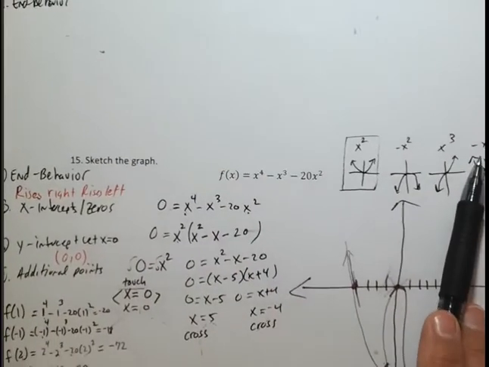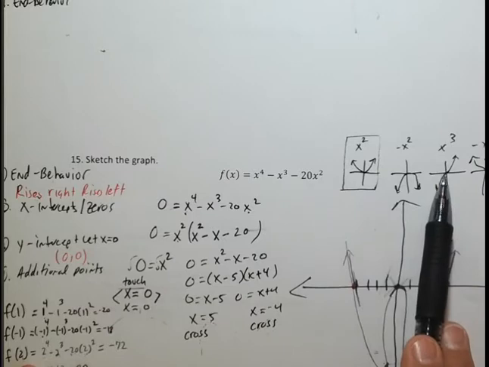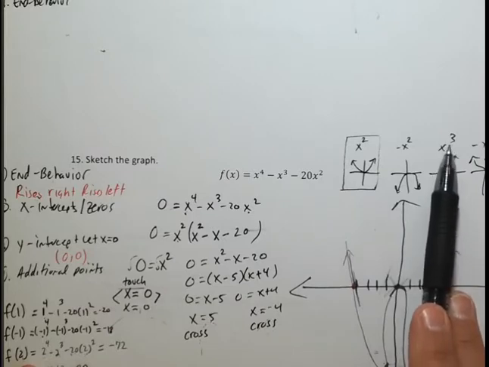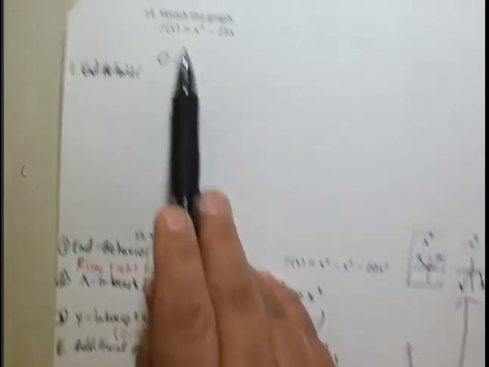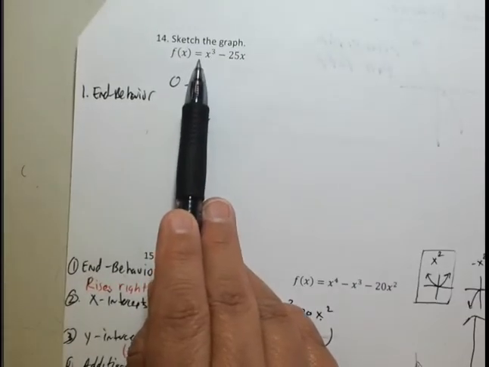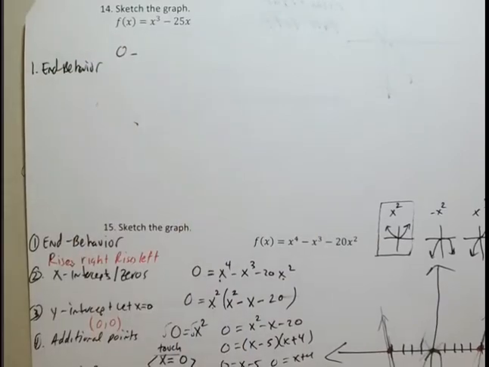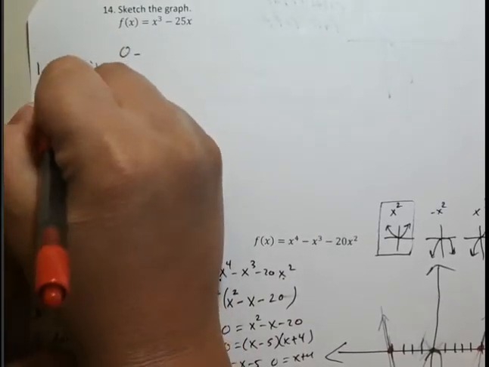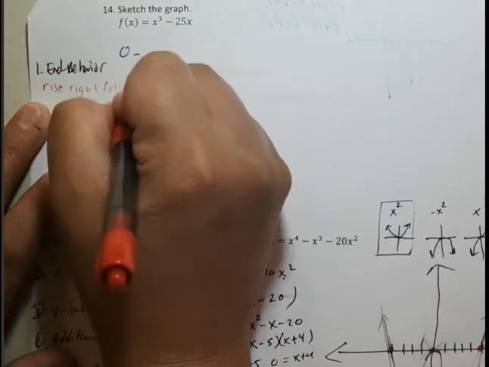So we're going to be in this situation, right? Degree is odd with a positive coefficient. Odd, positive coefficient. So we say that the graph is going to rise right and fall left.